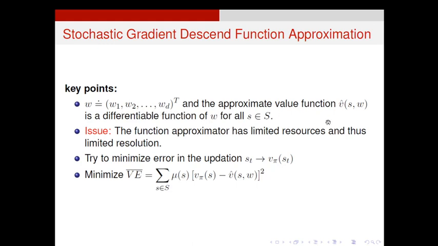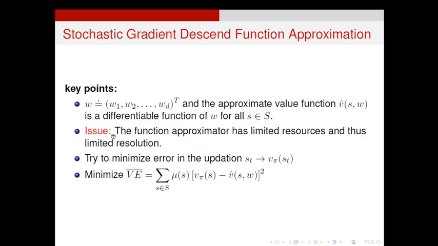And the approximate value function is denoted by V hat of S comma W. That means the state S will be evaluated with the help of this weight vector, and this function must be a differentiable function of W for all states S in the state space. Why do we insist on this differentiability? Because gradient descent makes use of the gradient operation. Gradient operation is actually a differentiation.